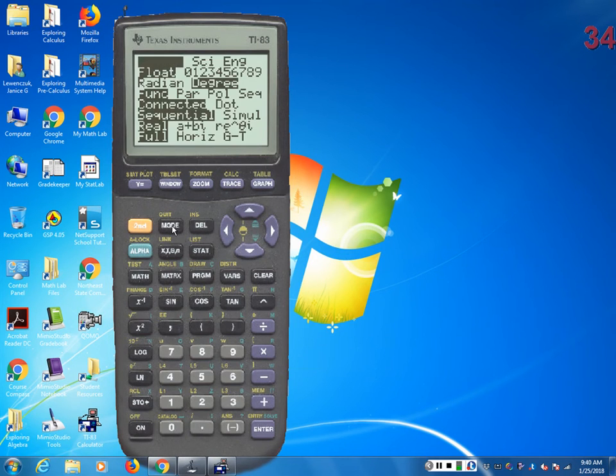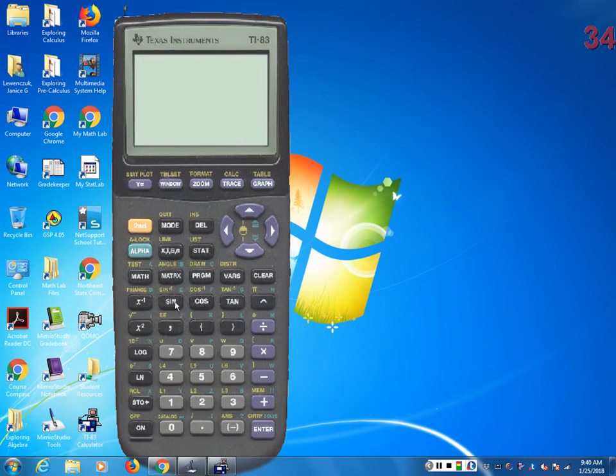Mode, it's in degrees. I need it in radians. So I hit enter to change it to radians. Second quit. Now we want to do sine, so we press the sine button and we press second caret to get the pi, and then press divided by 4, and then we can close the parentheses, or the calculator will close it for you, and that's what we get. We'll write down 4 places, 0.7071.